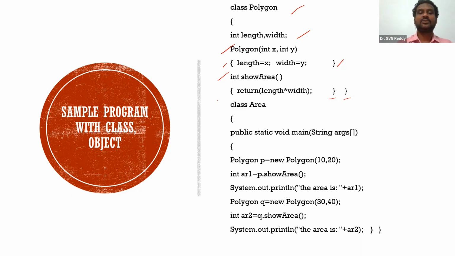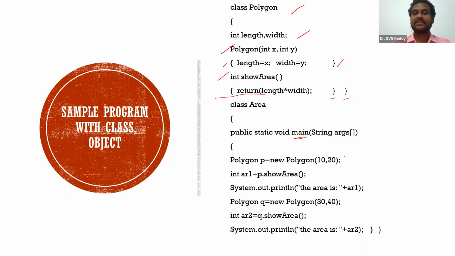Please listen carefully. So the class Polygon is over, and there is the class Area, which is the main class. Then we create an object now. Polygon P is equal to new Polygon(10, 20).